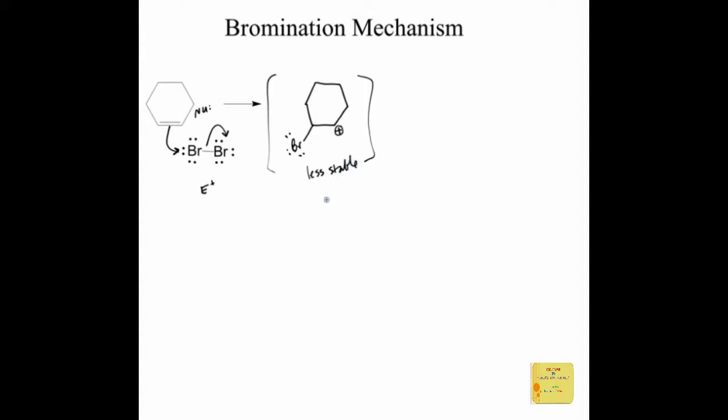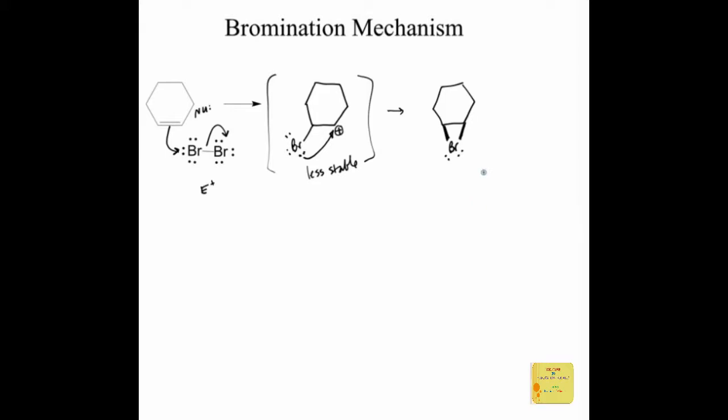However, this is not formed because this is less stable than another arrangement this can have. Because this bromine has these lone pairs, those lone pairs can come back in and can instead form a three-membered ring. So this bromine has 2 bonds and still has 2 lone pairs. It's an unusual looking bromine, right? We're used to it having just 1 bond.